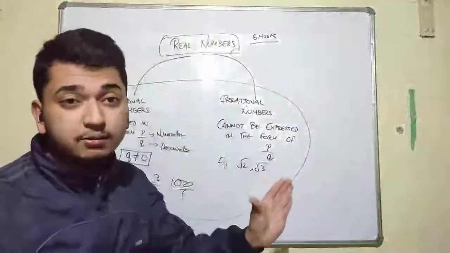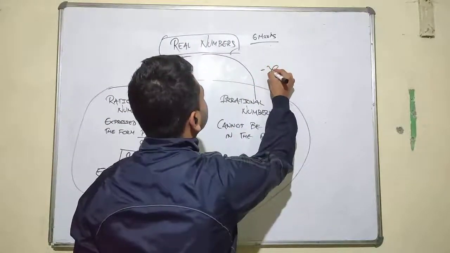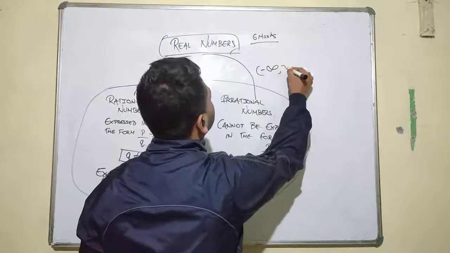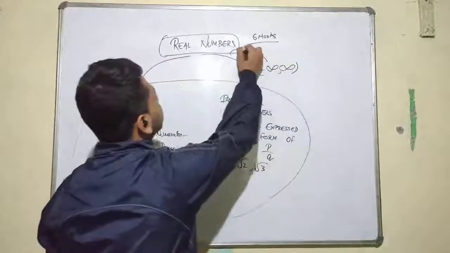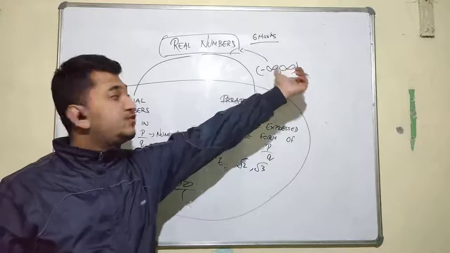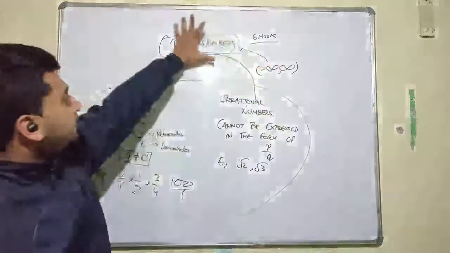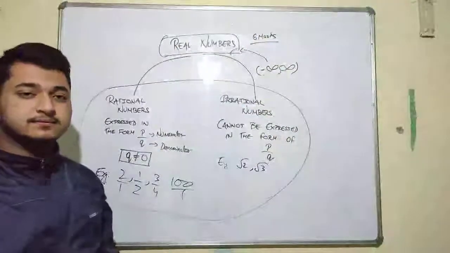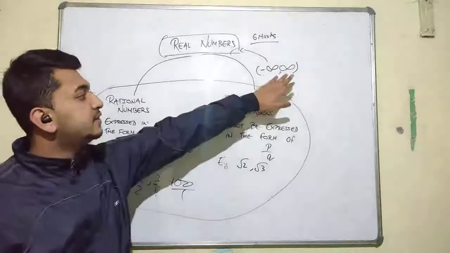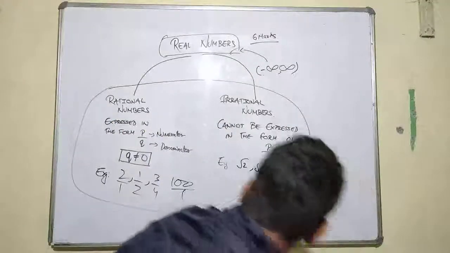So what is a real number is this. This is your real number. This has defined everything for real number. I hope you haven't understood this one. So I'll just solve it and we'll see this, okay?